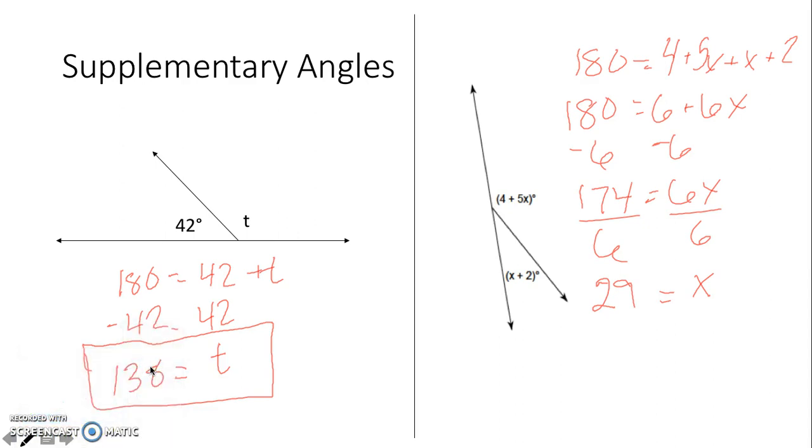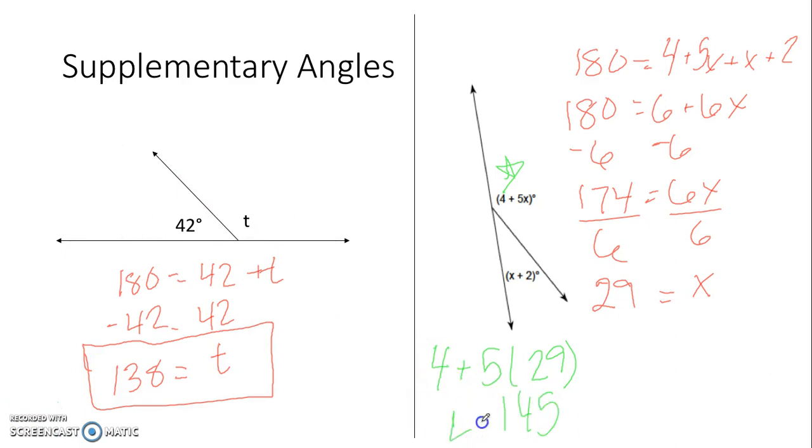Okay, so now that's what x is equal to, but now we need to make sure that we know what each angle measurement is equal to. So now let's figure out that angle measurement. We have the first one right here. We're going to do 4 plus 5 times 29. 5 times 29 is equal to 145.